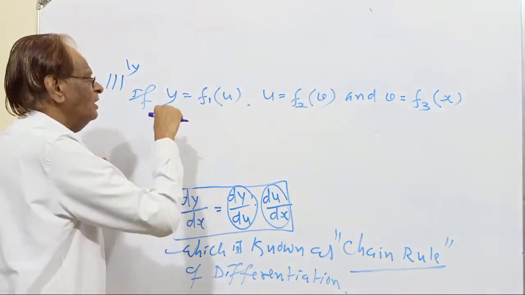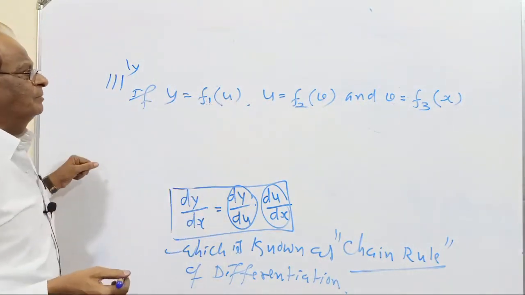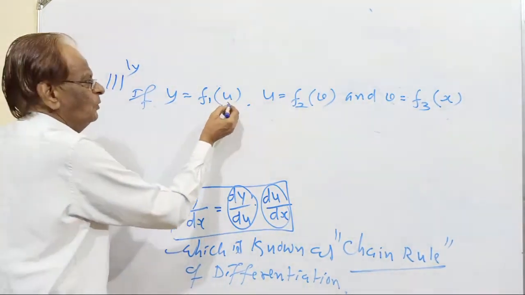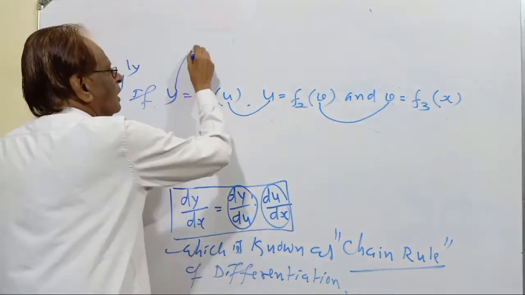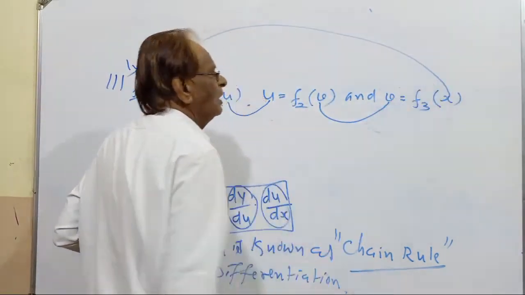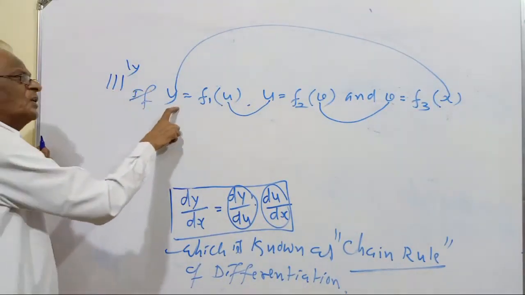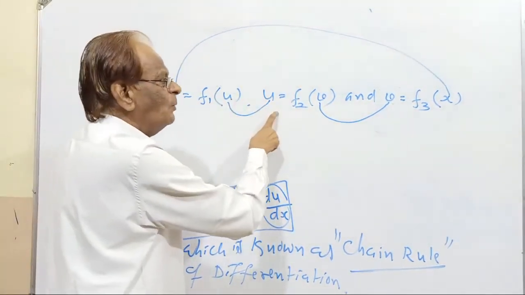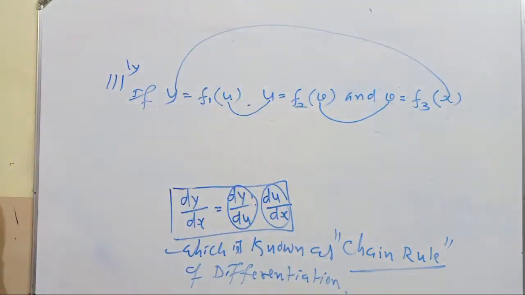Now we are extending, taking the product of three functions. We can connect y and x with the help of u and v. y is a function of u, u is a function of v, v is a function of x. The same kind of rule will be like this.